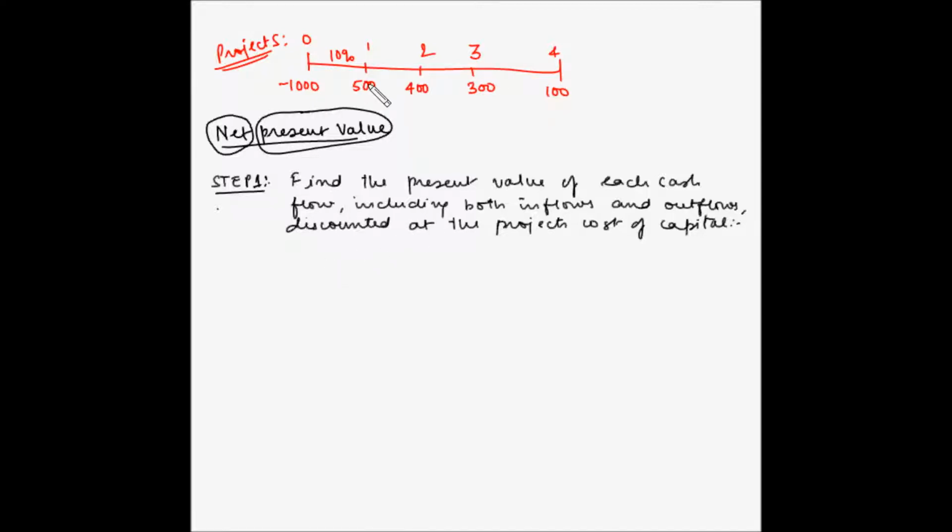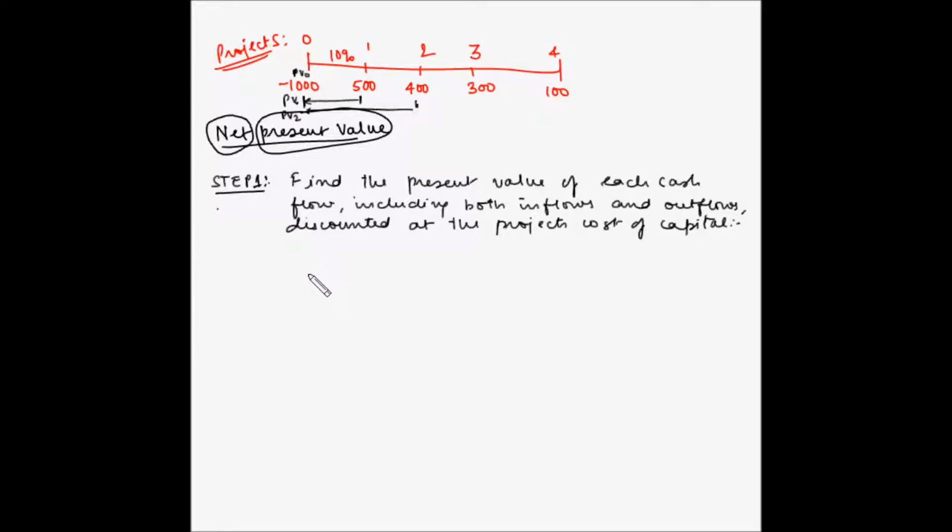Now, each of these cash flows has to be discounted up to this point here. Let's say this value is PV1. Similarly, here this value will be PV2 and so on. The initial investment we will consider as PV0.